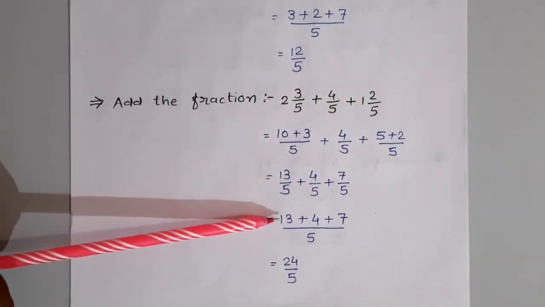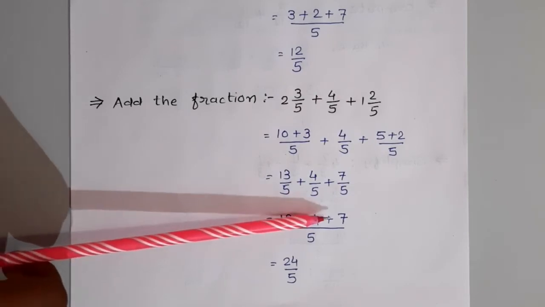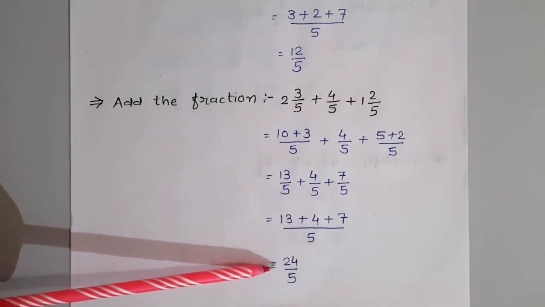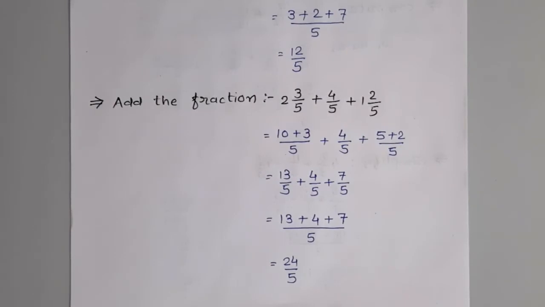Now add the numerators 13 plus 4 plus 7 upon 5, so 24 upon 5 is the final answer.